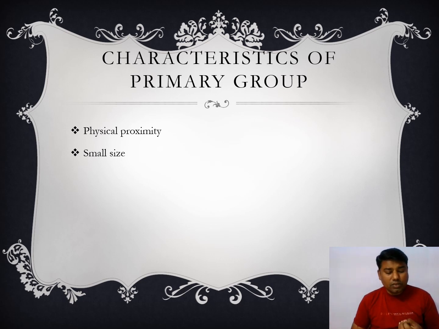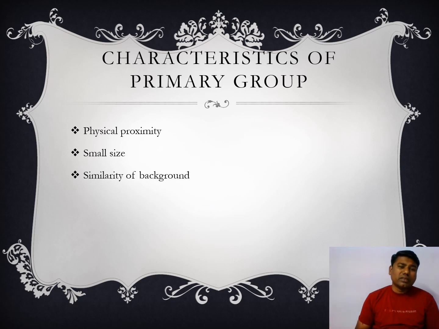The smaller the group, the more intimate it is. An increase in the size of the group may have a negative impact on the intimacy of the members. Always remember that primary groups are smaller in size so that members can interact with one another.